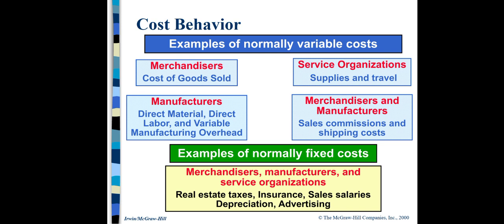And then the insurance, ya asuransi, and then sales salaries, ya gaji bagian penjualan, depreciation, and advertising. Those are the examples of normally fixed costs for all types of organizations.